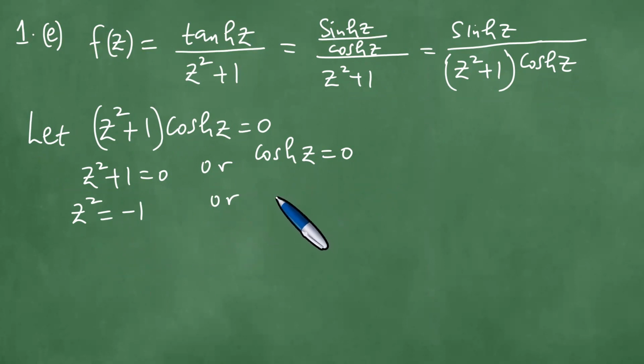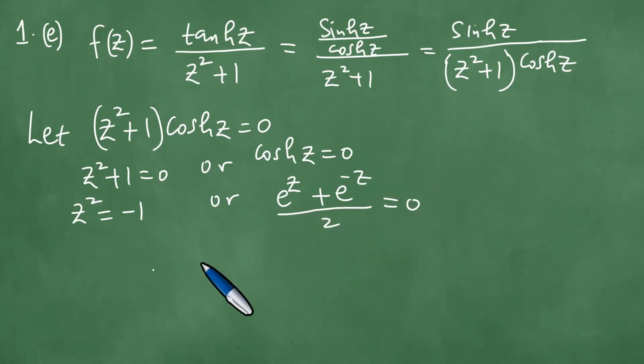The cos is the same as e to the z plus e to the minus z, out of 2, equal to 0.